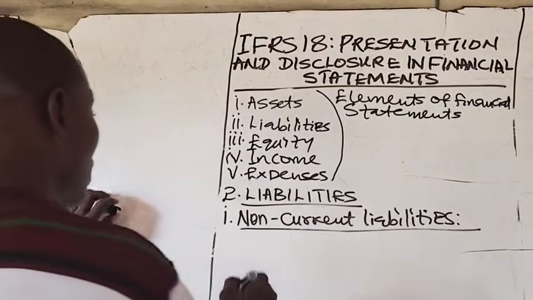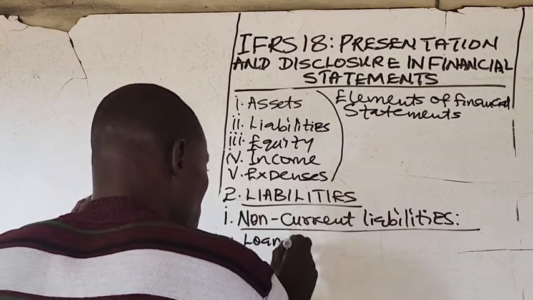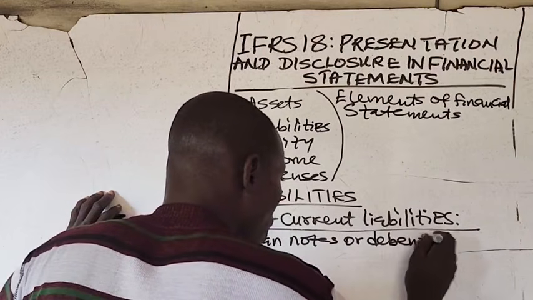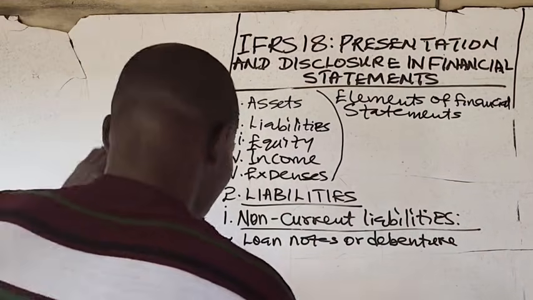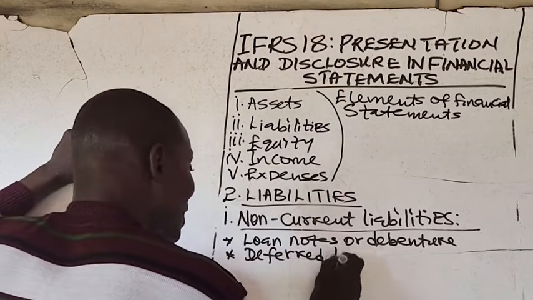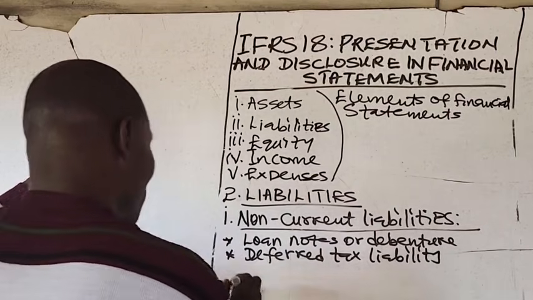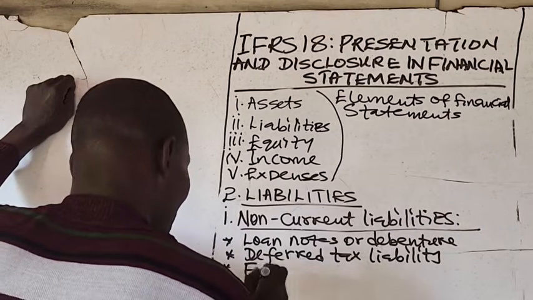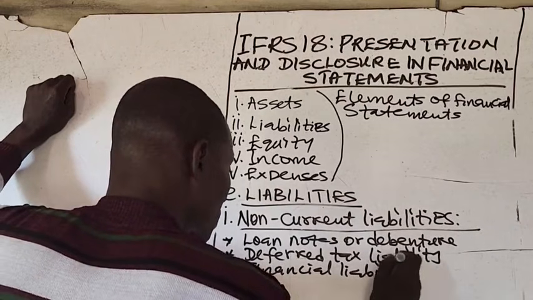Examples of non-current liabilities: we have loan notes or debenture. Number two, we have the deferred tax liability. Then we also have the financial liability.